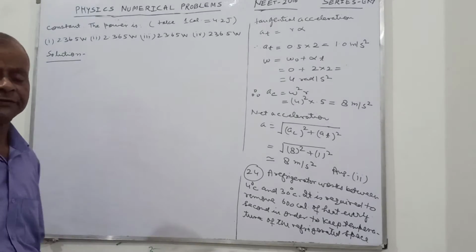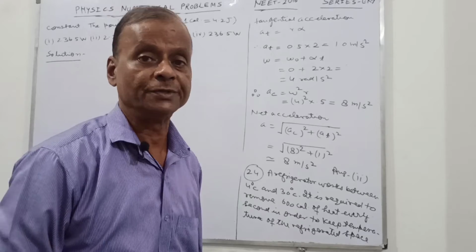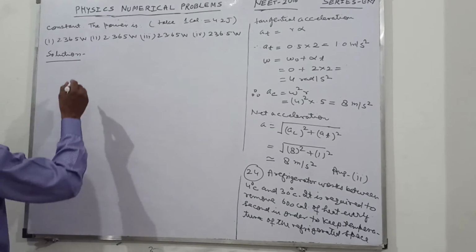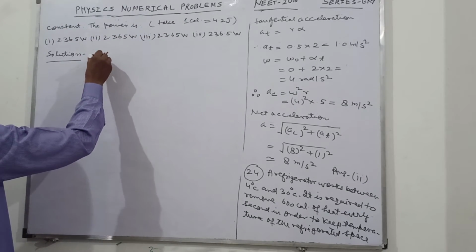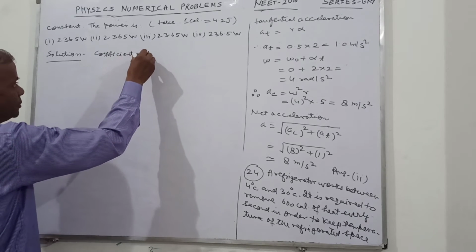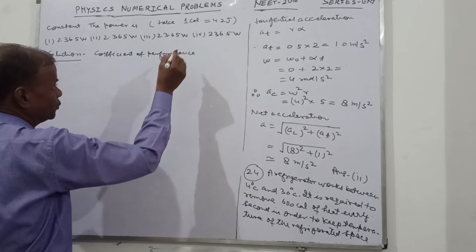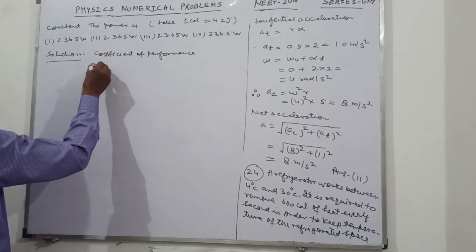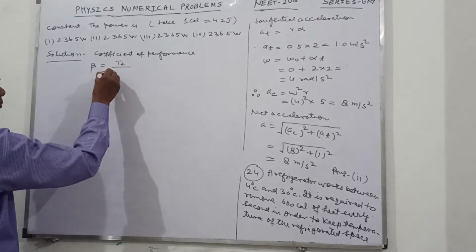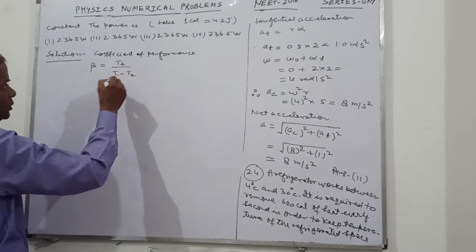Now we are given the refrigerator, and in case of refrigerator we have the coefficient of performance. Coefficient of performance beta equal to T2 upon T1 minus T2.